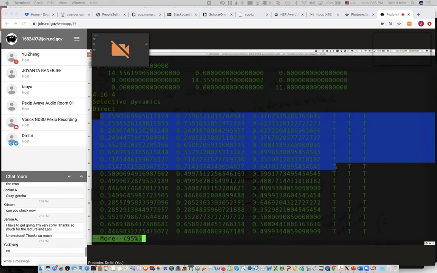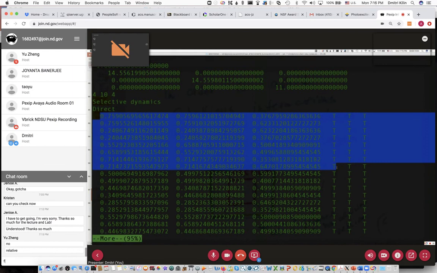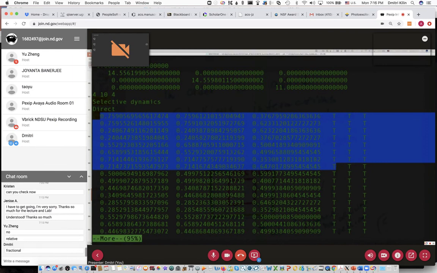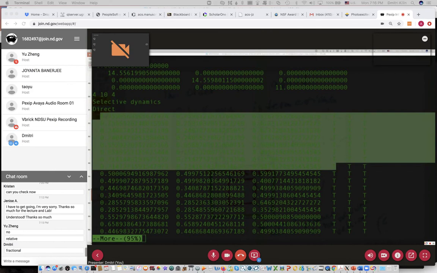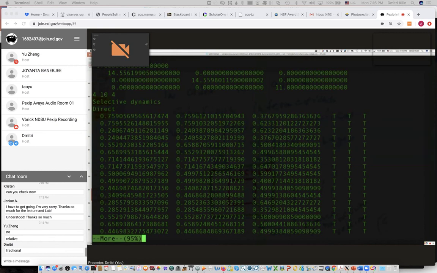It's in the K space? No. Yes, you are telling that it is relative. Sometimes people use the word fractional. So fractional coordinate means if we want the first hydrogen atom and its X Cartesian projection, we take the size of the box in X direction and multiply it by this fractional coordinate, 0.75 times 14.5.